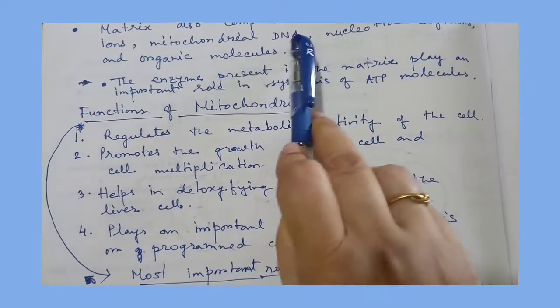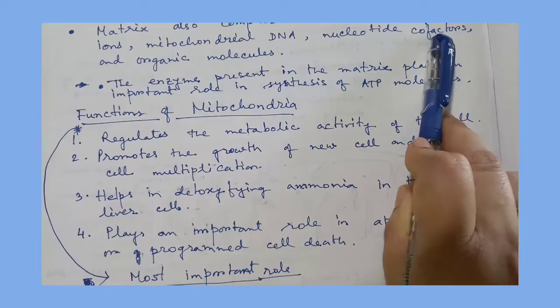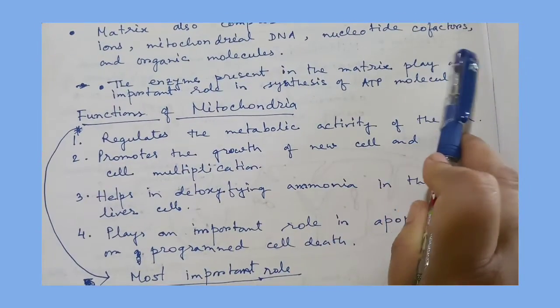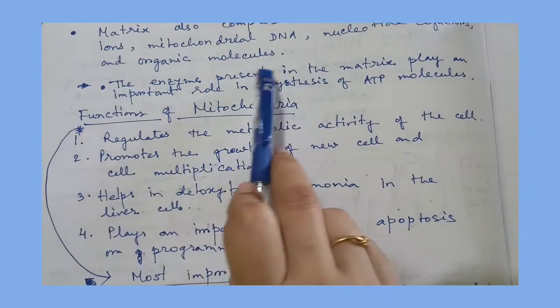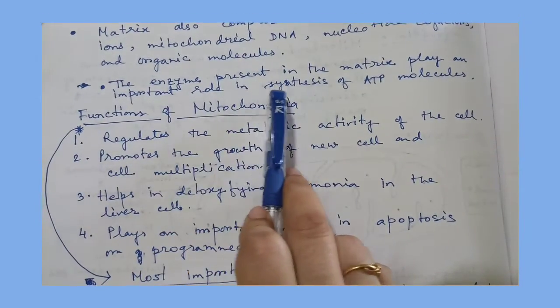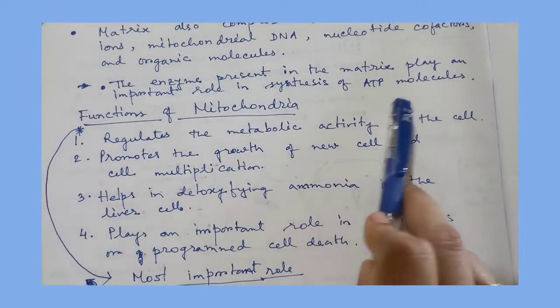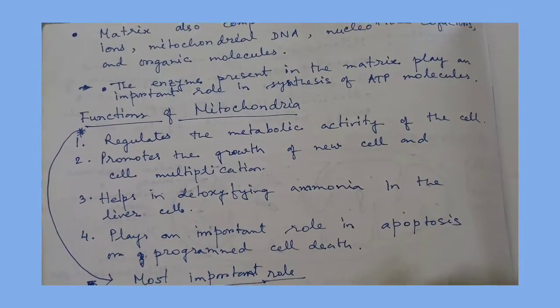The matrix also comprises ribosomes, inorganic ions, mitochondrial DNA, nucleotide cofactors and organic molecules. The enzymes present in the matrix play an important role in the synthesis of ATP molecules.